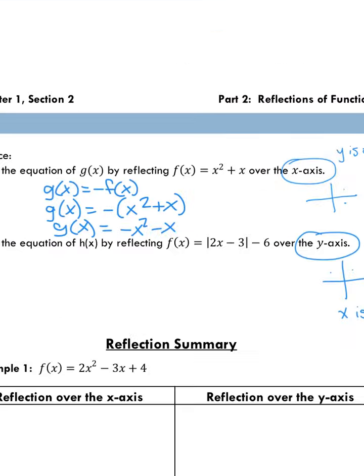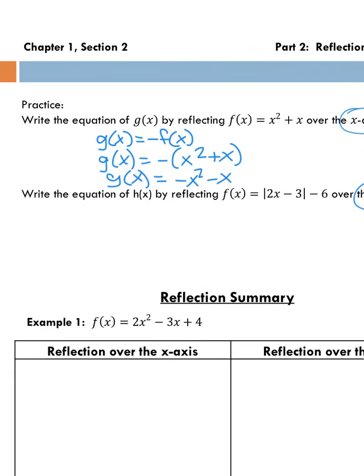So if we come over here then, we've got h of x equals f of the opposite of x. So we'll read that h of x equals f of opposite of x.